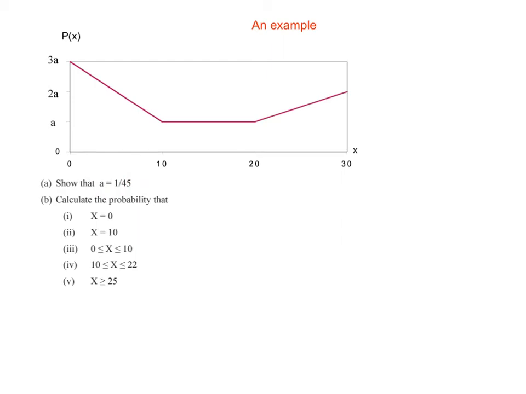And then calculate the probability that x equals 0. Now, it means they ask you to find P(X = 0). This is a PDF for a continuous distribution. The idea is that we're really estimating an ideal value, like the idea of height.